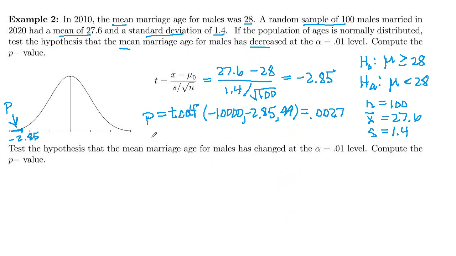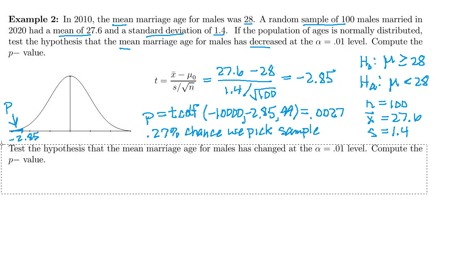So that means there's only a 0.27% chance that if the null is true, that we'd pick a sample as or more extreme than this one. That's a very small chance.